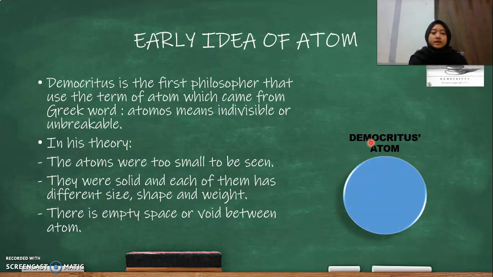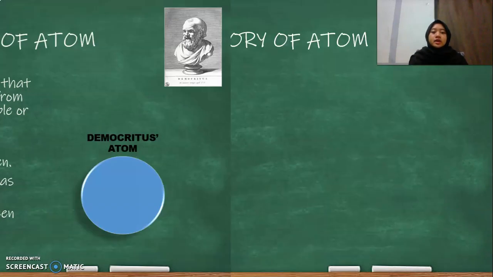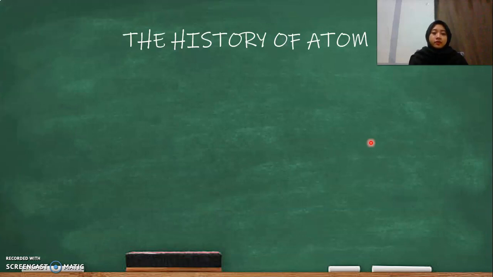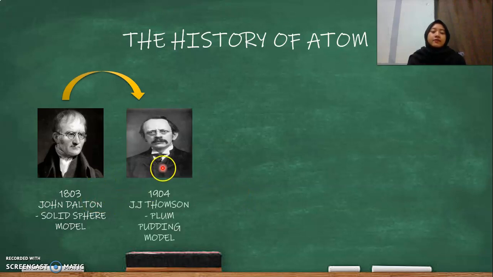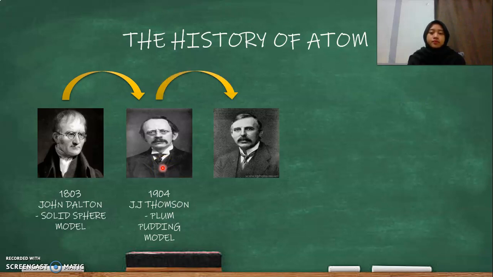So from the Democritus atom, there is a history of atom that developed from there, which starts from John Dalton in 1803 with his atomic model called solid sphere model. Next, in 1904, we have J.J. Thomson with his atomic model called plum pudding model.